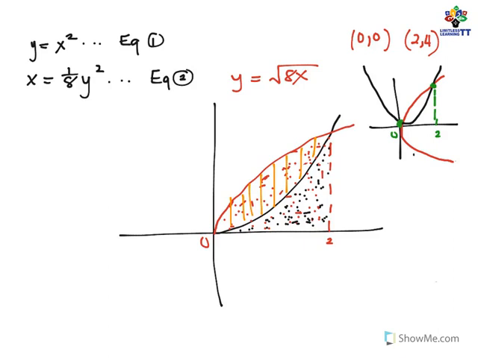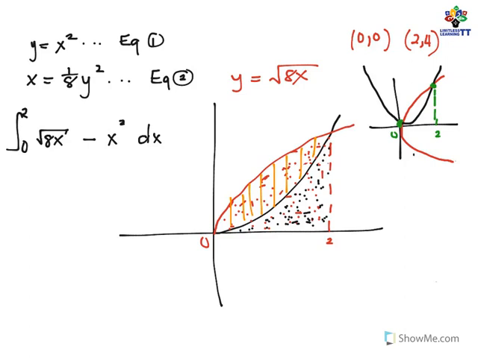So I'm going to be integrating between 2 and 0, because those were my two x values, my points of intersection. And I'm going to be looking at the first red graph, which is equation 2. So I'm looking at the square root of 8x minus x squared, all with respect to x.